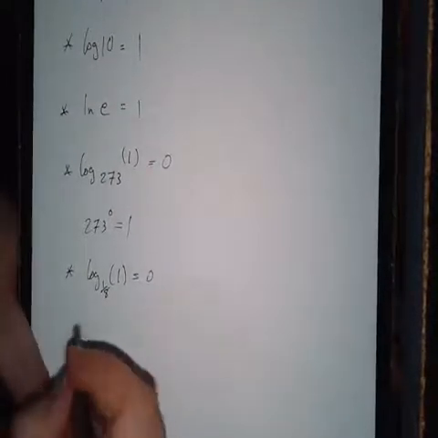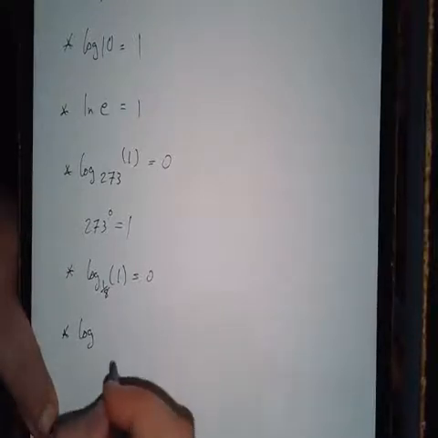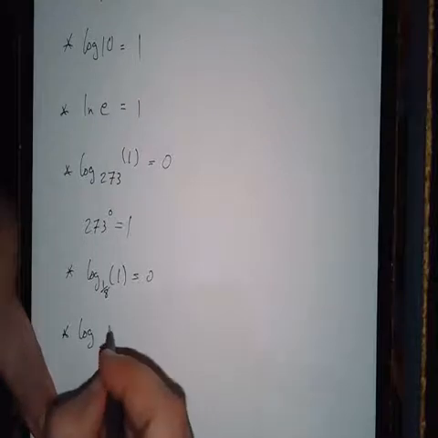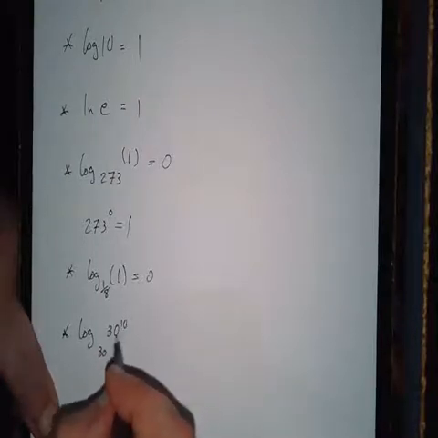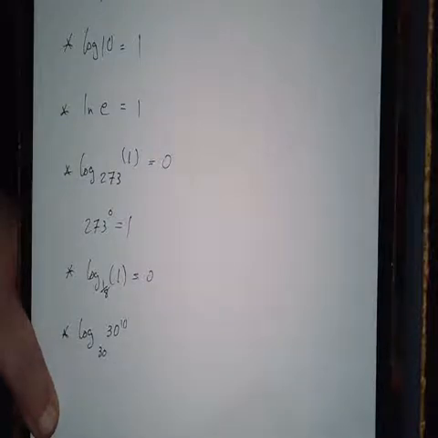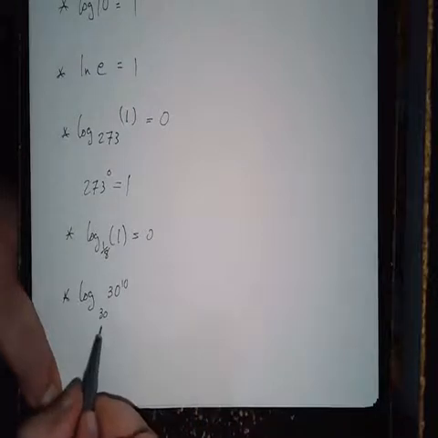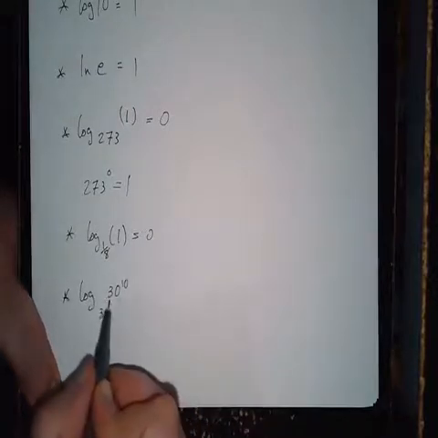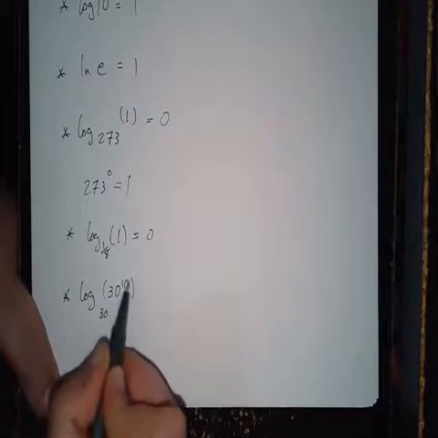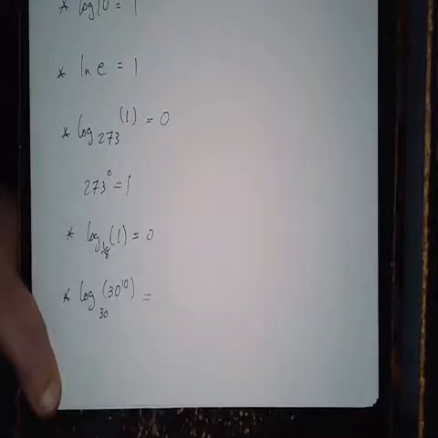One more. Log base 30 of 30 to the 10th power. So what about this one? I have the base 30, and inside the log I have an exponential, base 30, and I give the power already, it's the power of 10, so it's not x, it's just 10.